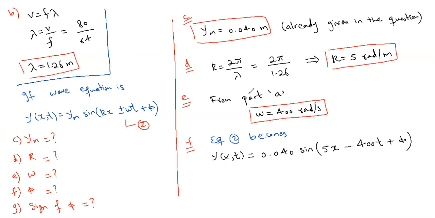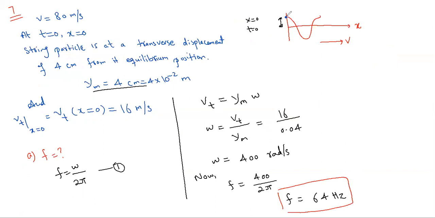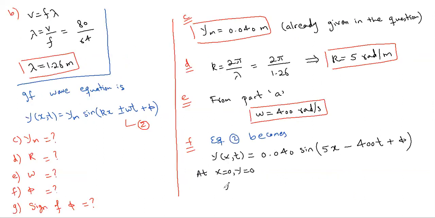At x equal to 0, y is equal to 0, it is given that the wave was initially at this position. So y of x equal to 0 and t equal to 0 is just y sub m. This is the initial value of the wave. The term with x will be 0 because x is 0, and the term with t will be 0 because t is 0.